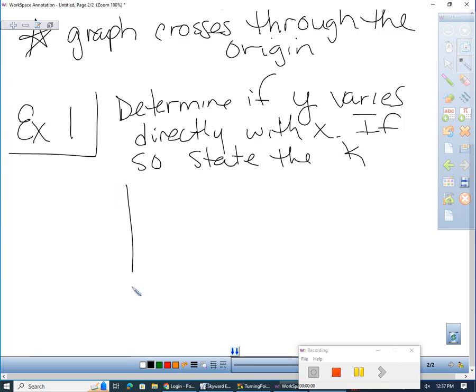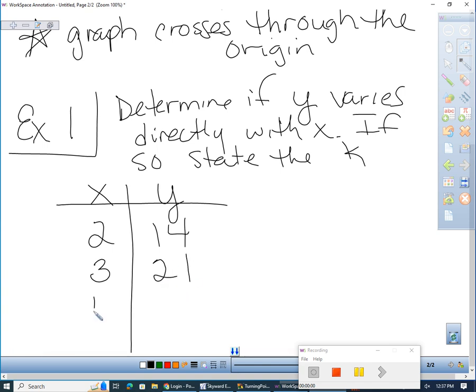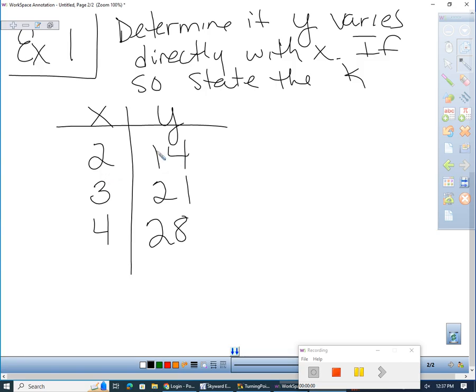All right, so if I have a table, and in my table I have my x and my y, and let's say I have 2 and 14, 3 and 21, and 4 and 28. To determine if it's a direct variation, we have to do y divided by x and see if it's the same every time. Okay? So, we're going to start with the first one, our y divided by our x.